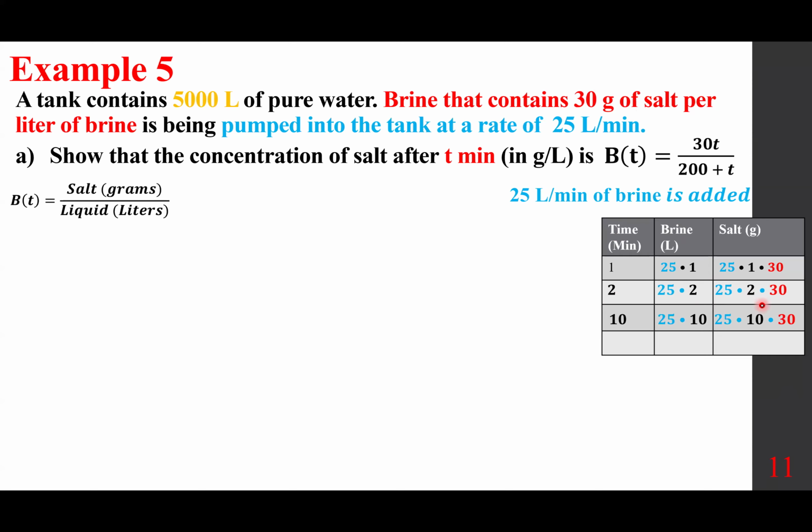What are we doing? Show that the concentration of salt after t minutes, not 1, not 2, not 10, t minutes. So replace the 1, 2, 10 with t. After t minutes, the amount of brine is 25 times t liters that is being added.